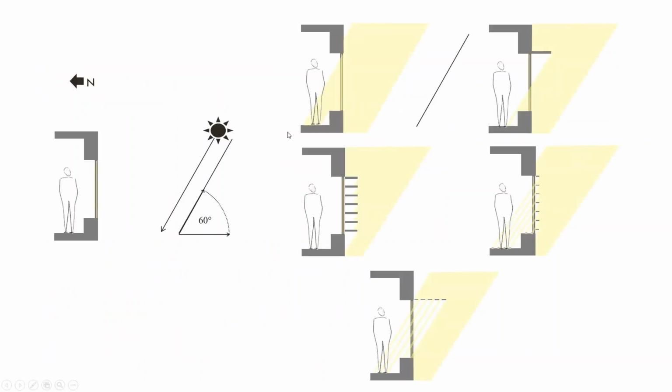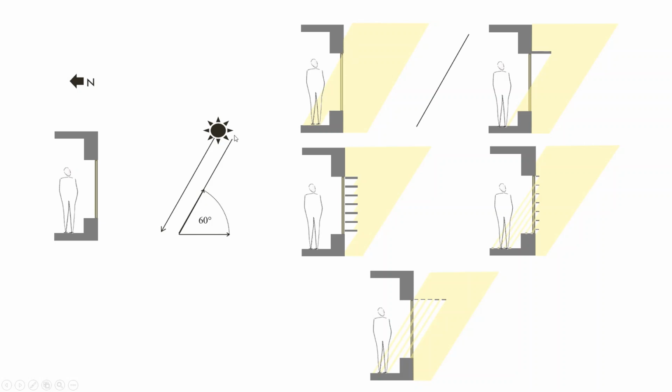So in order to show how your shading works, you need to really carefully think about how the sun enters inside your space, given that sun rays are parallel. So here the north is this way, and we're looking through this window. And as you can see, the sun rays are all parallel.